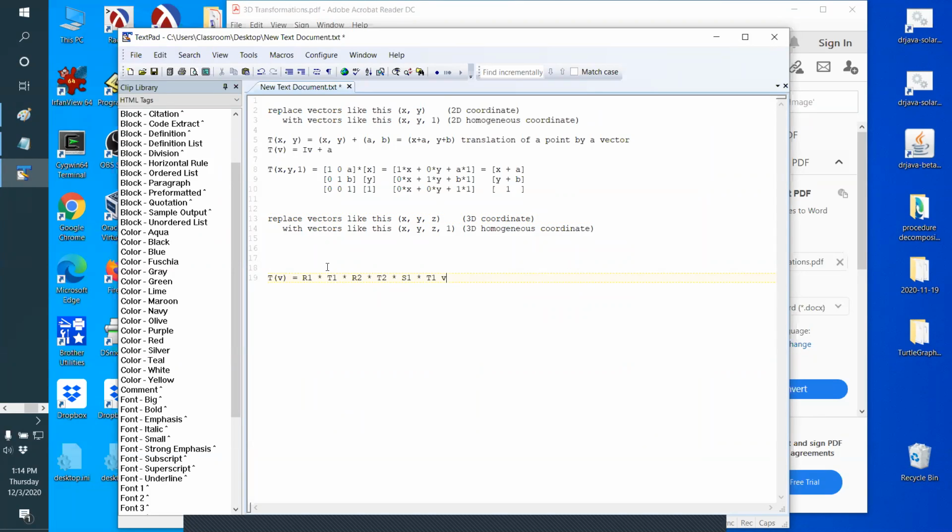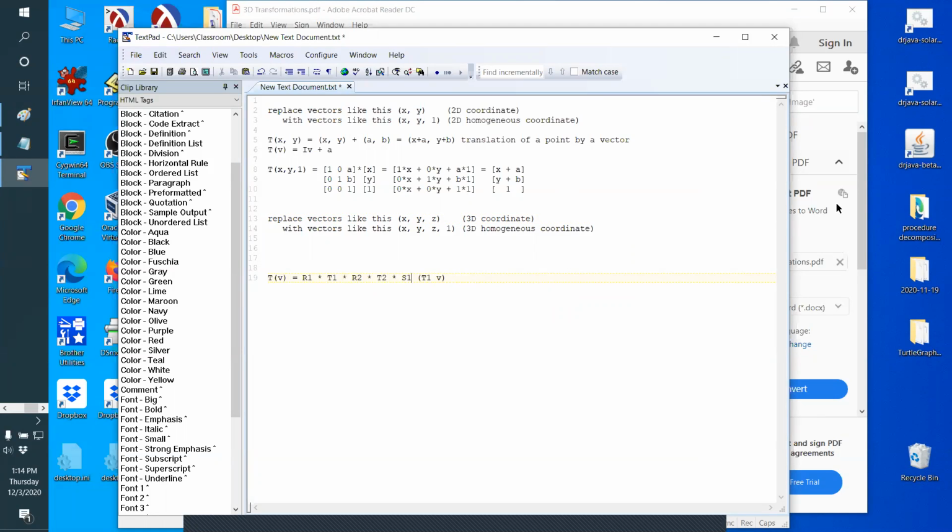So the transformation of v is to translate it, then scale the result, then translate the result, then rotate the result of that, then translate the result of that. Now if you do these with 4x4 matrices, and I put grouping around here, you do that first.